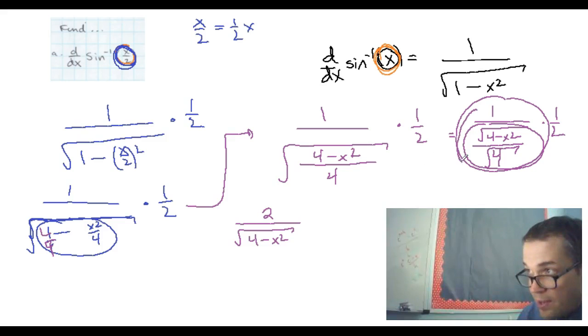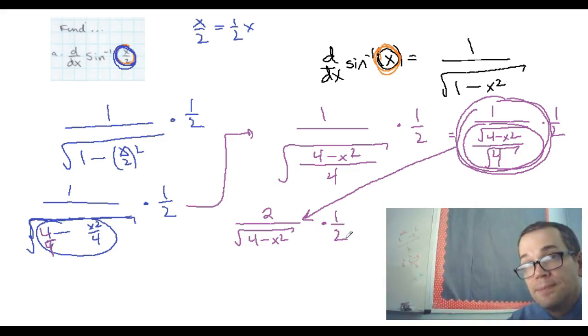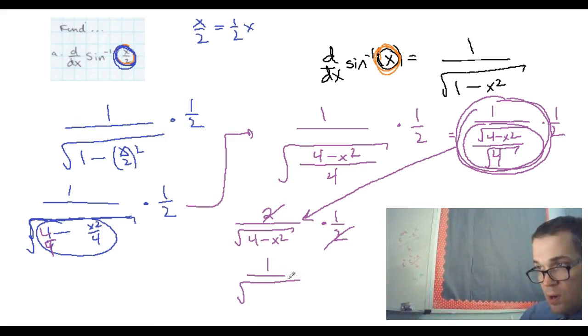So this entire expression I can rewrite like this, because I flipped it over, and I know the square root of 4 is 2. And this 1/2 that I've been carrying around is right there, times a half. Oh, that's kind of nice, because if I have a 2 on top and a 2 on the bottom, they cancel. And my final answer will be 1 over the square root of 4 minus x squared.